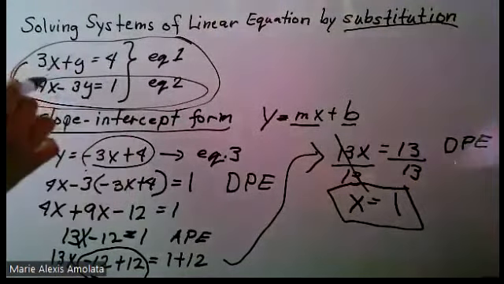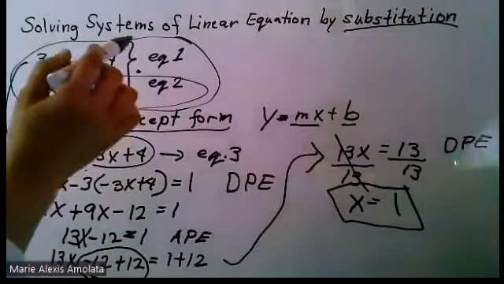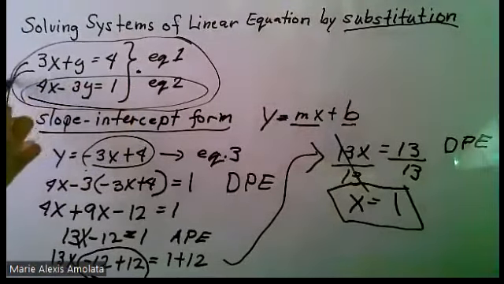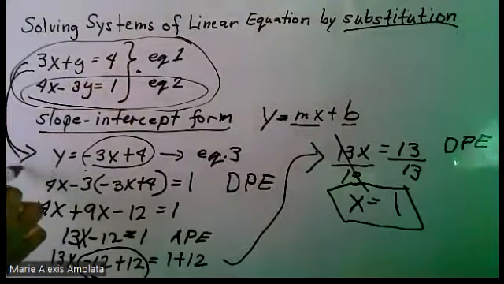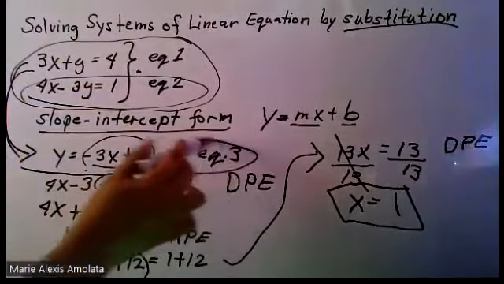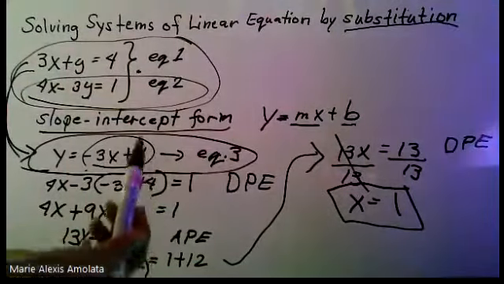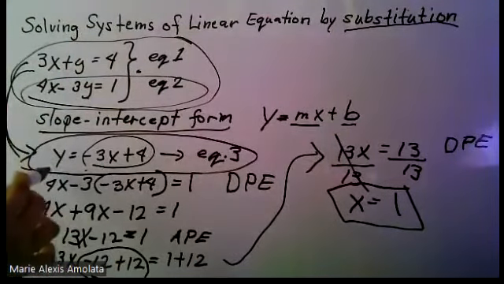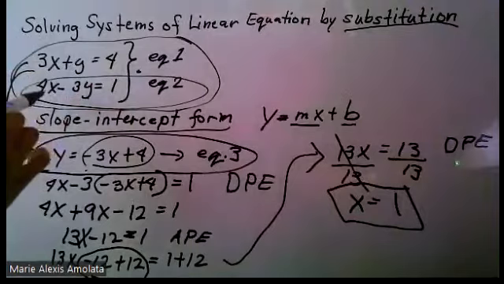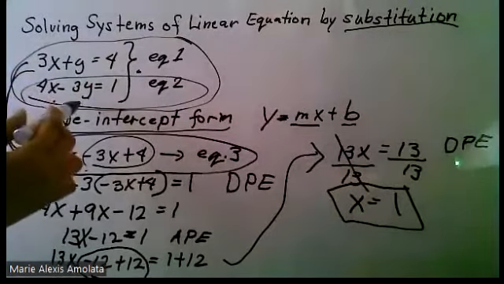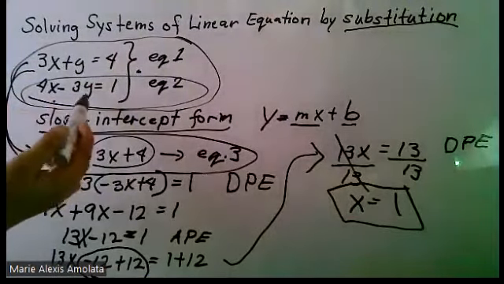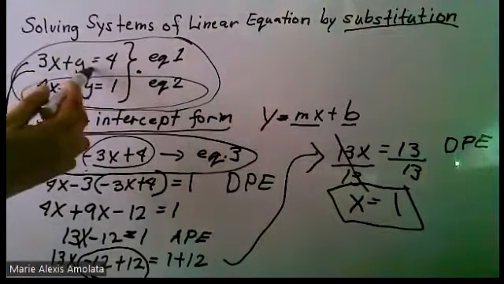So ako, pipiliin ko yung equation 1. Since meron naman tayong naka-transform na into slope-intercept form, mas madali na nating makukuha yung value ng y. Either way, kung itong pipiliin mo, ita-transform mo rin siya into slope-intercept form. Since mas simpler equation na ito, ito yung pipiliin ko.